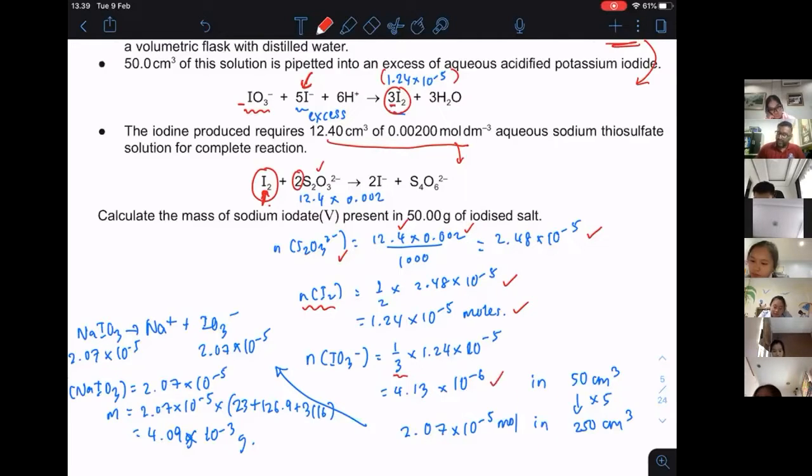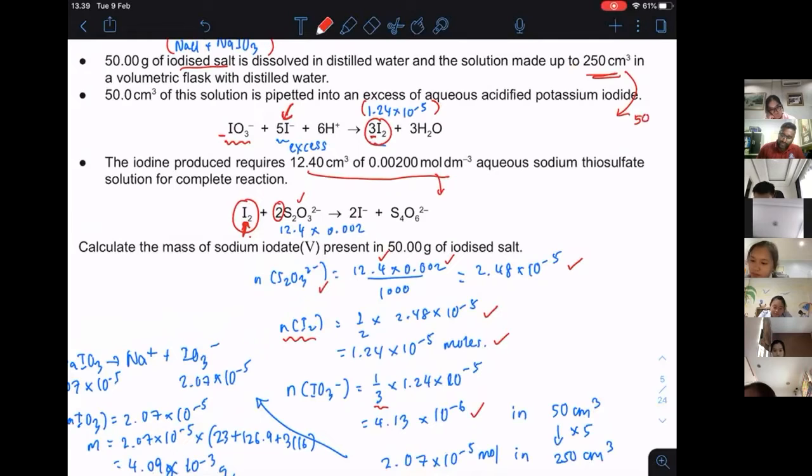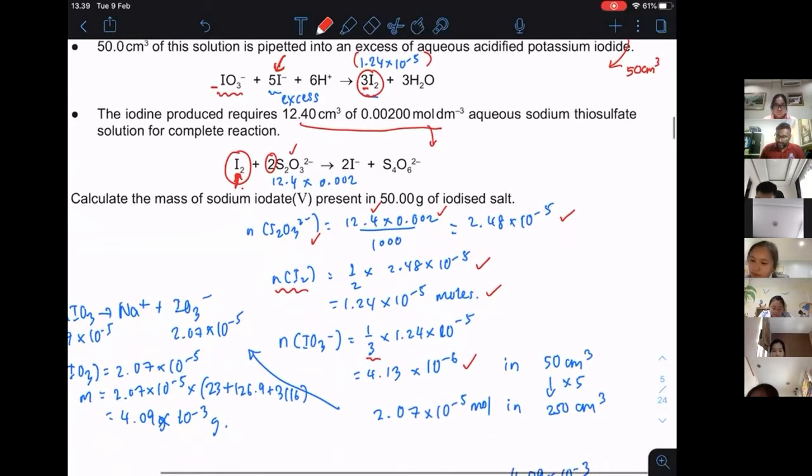And please take note, this part, I took 50 cm cube. So when I took 50 cm cube of this solution, this is the number of moles in 50 cm cube.